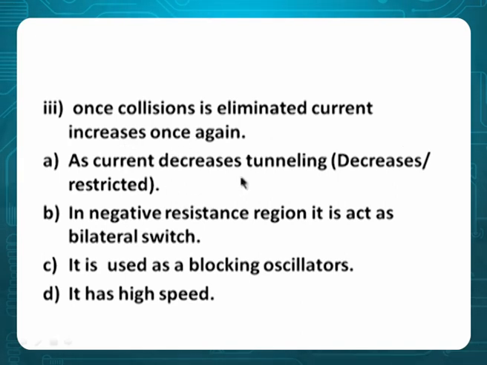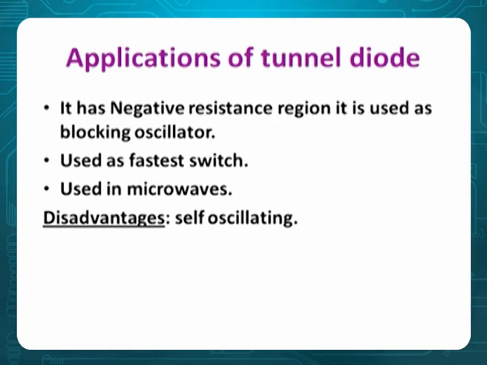As the current is decreasing, we call it the tunneling phenomenon. In the negative resistance region, it acts as a bilateral switch. It is used as a blocking oscillator. It has high speed applications. So this is the meaning of the tunnel diode. What are the applications? Because it has a negative resistance region, it is used as a blocking oscillator. It is used as a fast switch, and for microwaves and microwave devices.